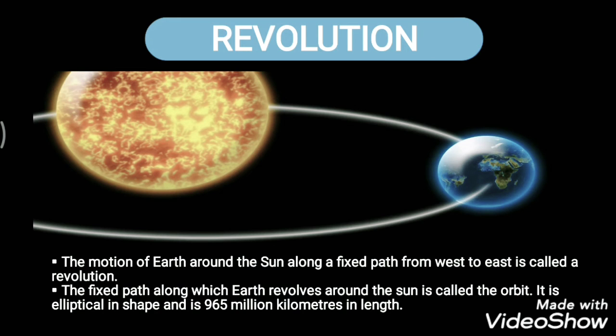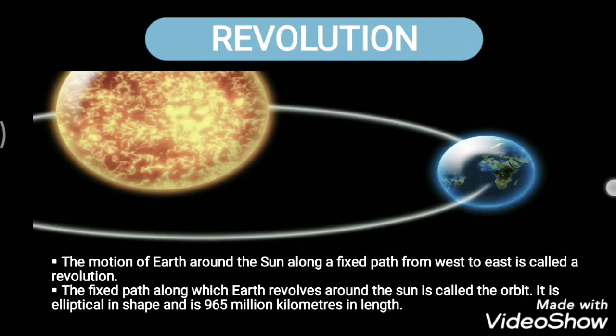Now, the fixed path along which the Earth revolves around the sun is called its orbit. Now, the orbit is elliptical in shape. You can call it a bit oval shape and is 965 million kilometers in length.